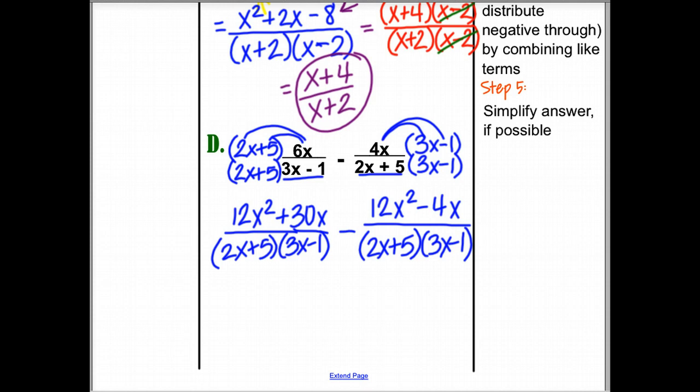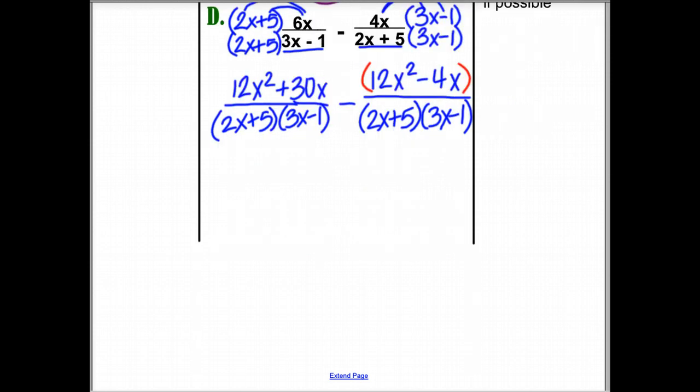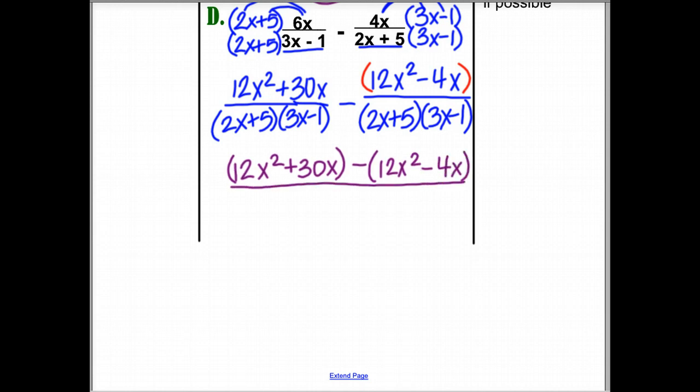So now when I combine all this into one fraction, I have 12x squared plus 30x minus the quantity 12x squared minus 4x, and that's all over 2x plus 5 times 3x minus 1.